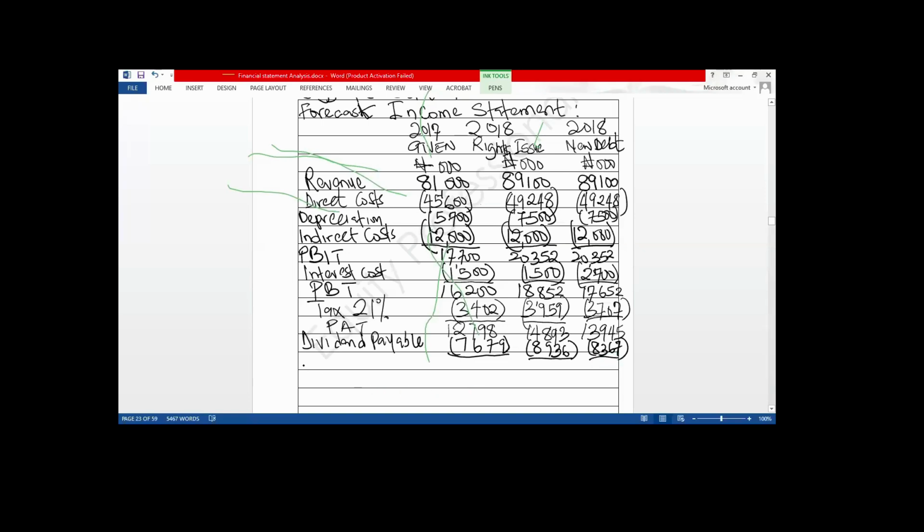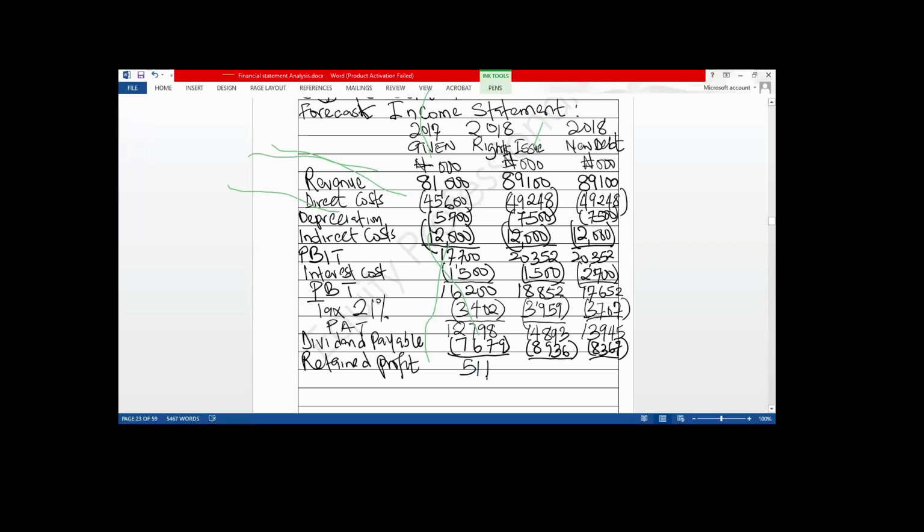You can now get your retained profits. Profit after tax less dividend payable gives you retained profits. Please compute. For 2017, 5,119.